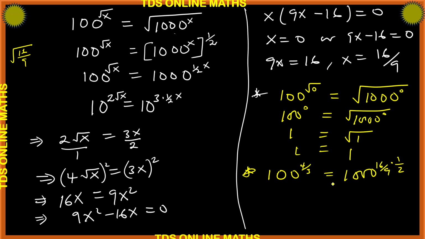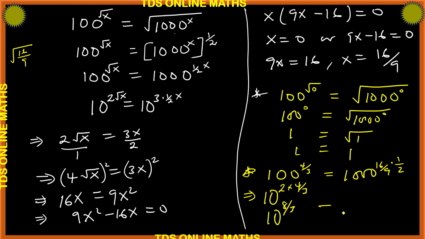Let's solve to see if this one satisfies the equation. I can say 10 to the power 2 times 4 on 3, so this side will be 10 to the power 8 on 3.